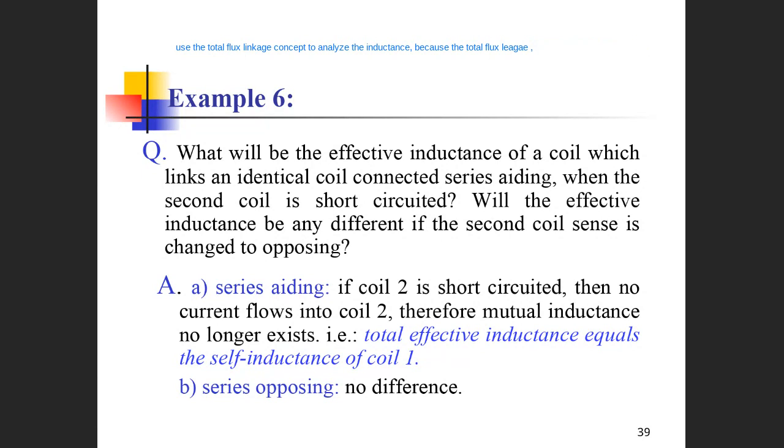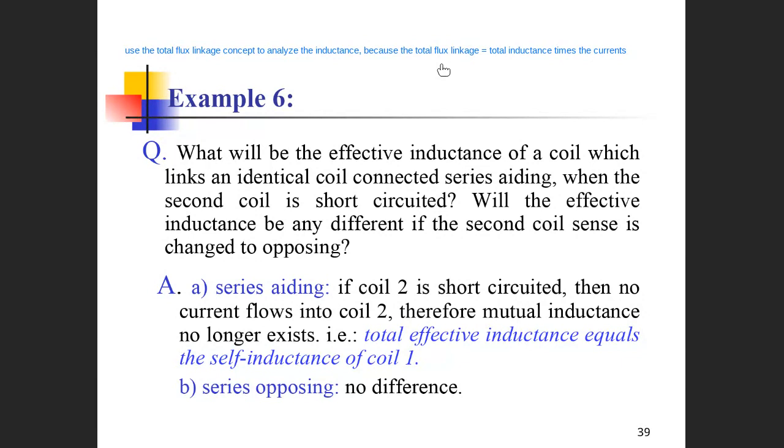Because total flux linkage is the total inductance times the current. Remember, when you have magnetic circuit issues, for each component and for the total circuit, use the total flux linkage concept to analyze the inductance.